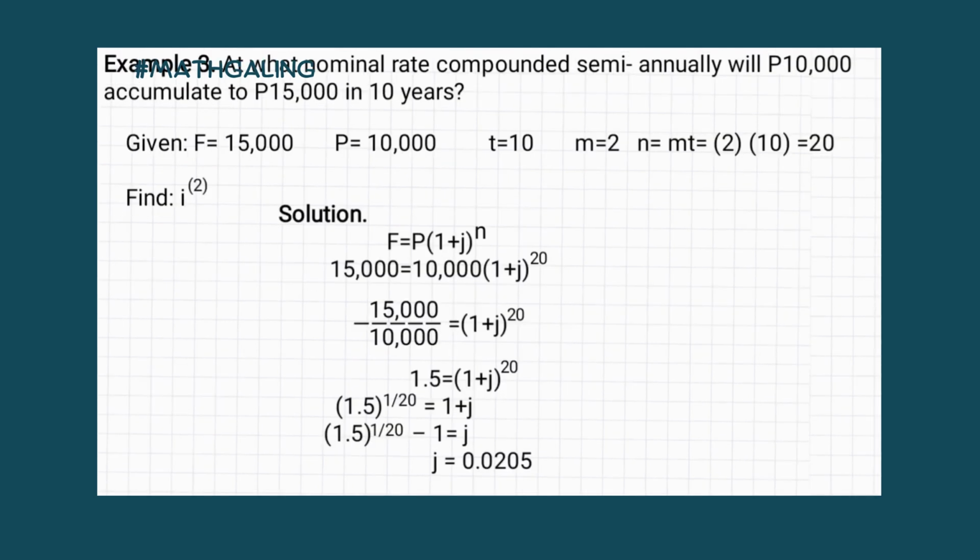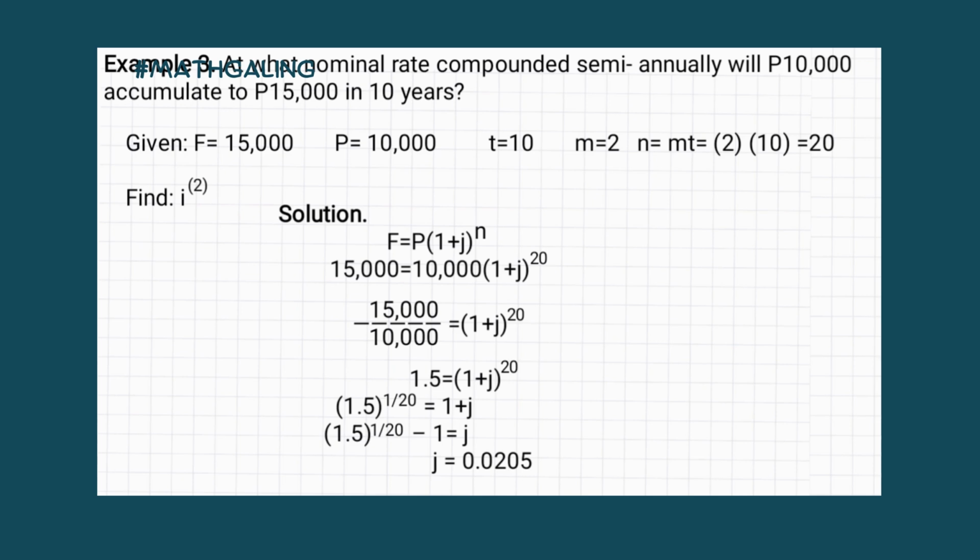So we are going to proceed to example 3. At what nominal rate compounded semi-annually will 10,000 pesos accumulate to 15,000 pesos in 10 years?